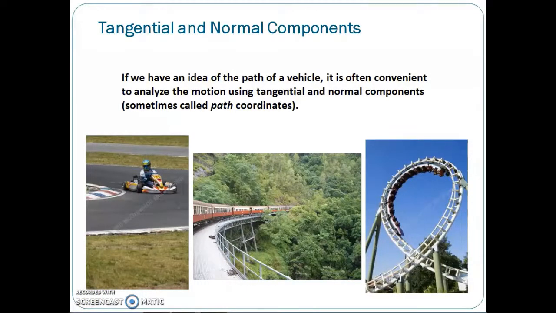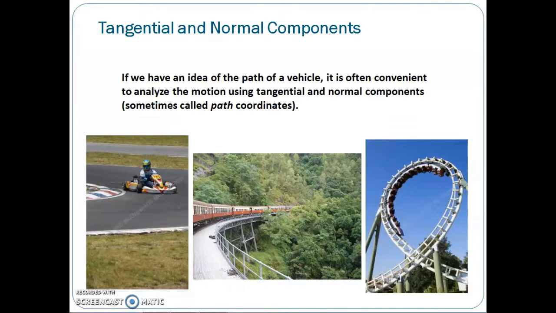In previous sessions, we noted that the velocity of a particle is a vector tangent to the path of the particle. But in general, the acceleration is not tangent to the path. We can make use of this information to analyze the kinematics of a particle under curvilinear motion.